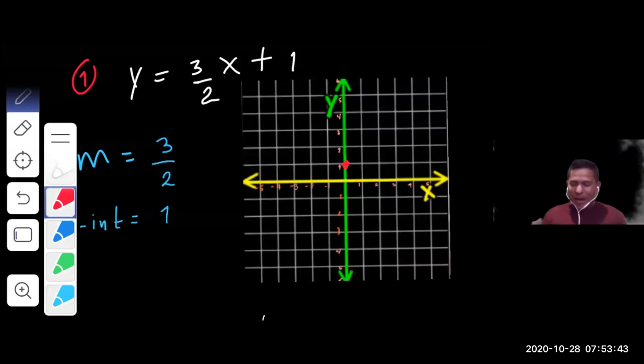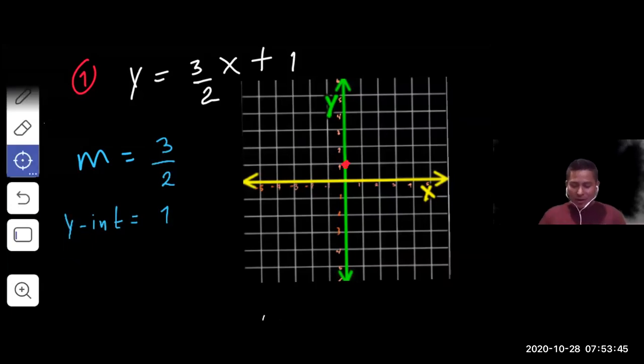Guys, how many points do I need? Because I know this is going to be a straight line. How many points do I need in order to graph a linear function, or in order to make a line? 3, 4. 3, yes, 4, but at least, what is the least number that I need? 2. If I have another one here, I make the line. That's why, guys, using this is going to help us.